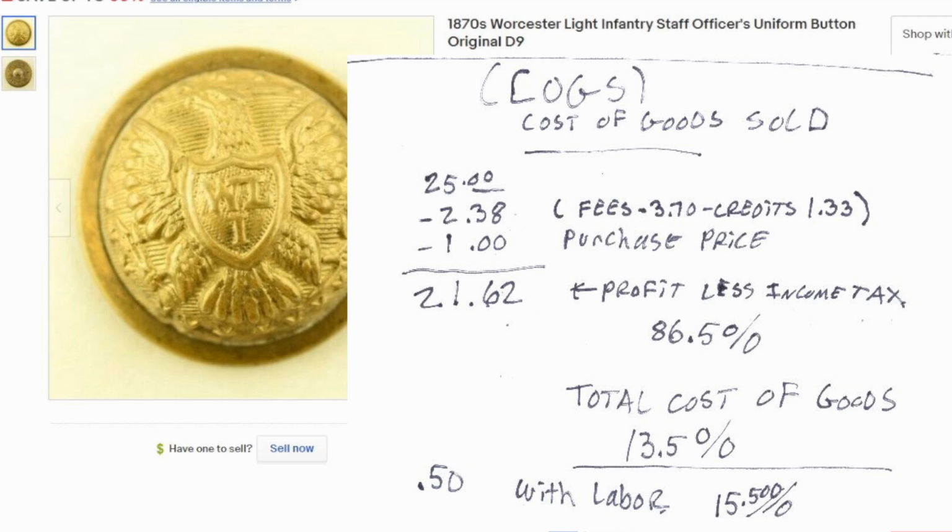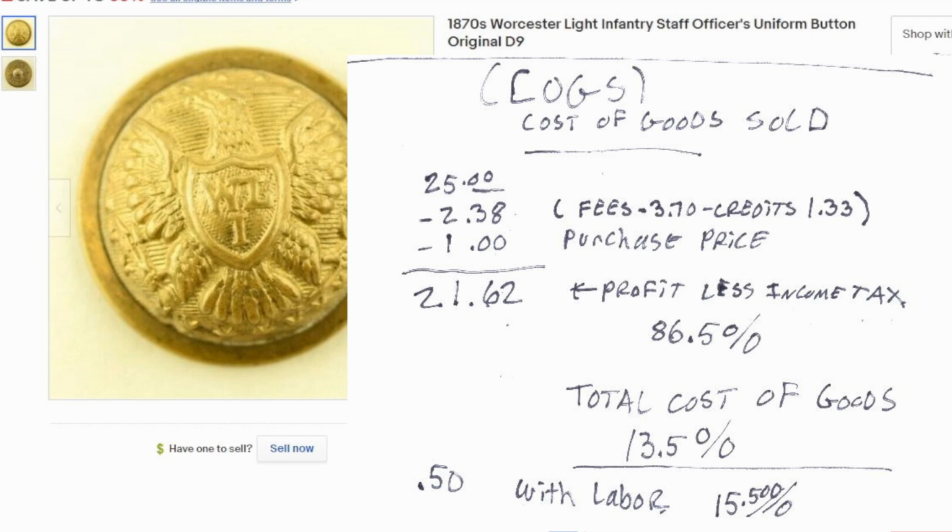The purchase price of the item, let's just say I spent $1. I don't have anything into it because it was a big bulk purchase. It's long been paid for, but let's simplify it and just say I paid $1 for it. That brings my total money brought down to the bottom line to $21.62. That's 86.5% profit less income tax.